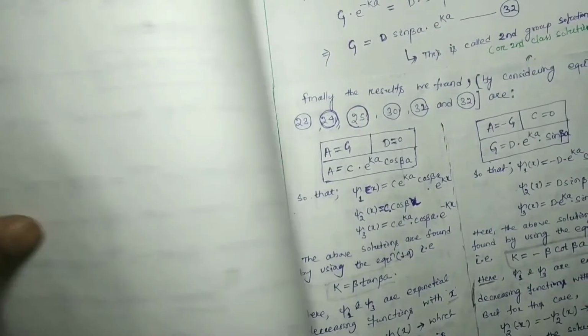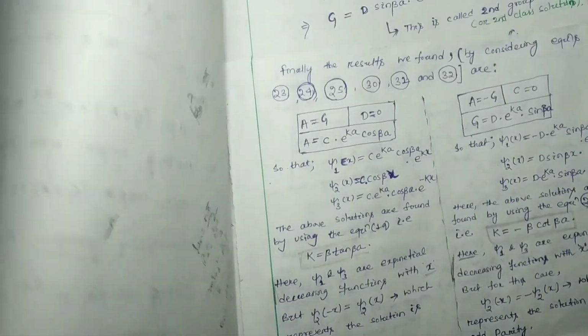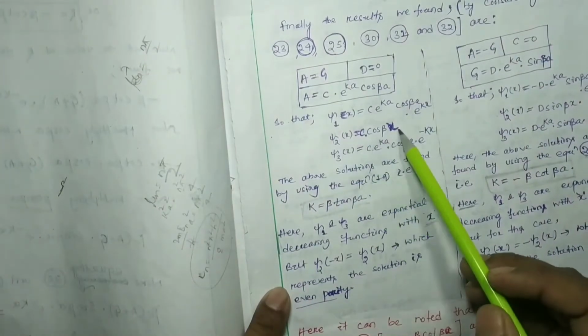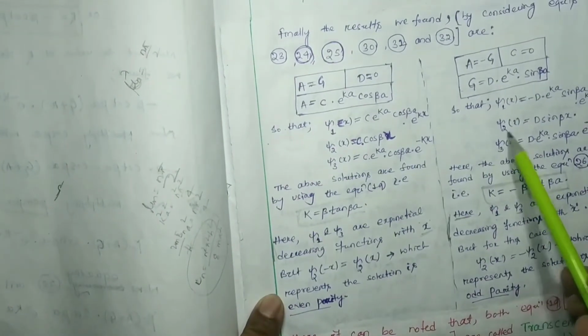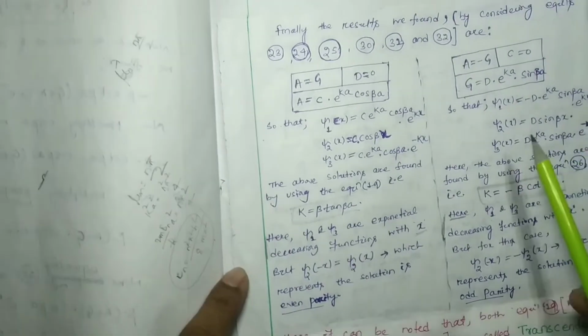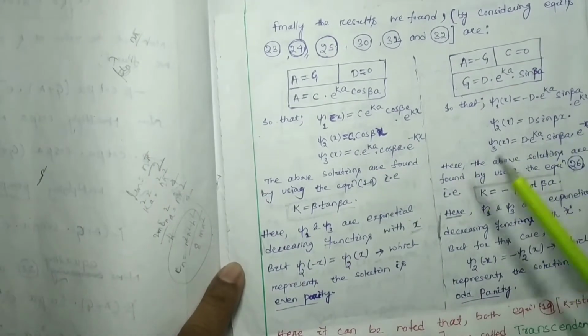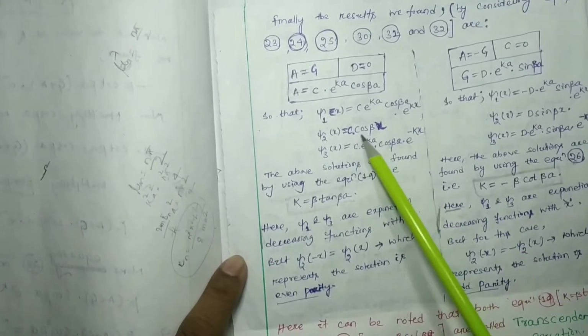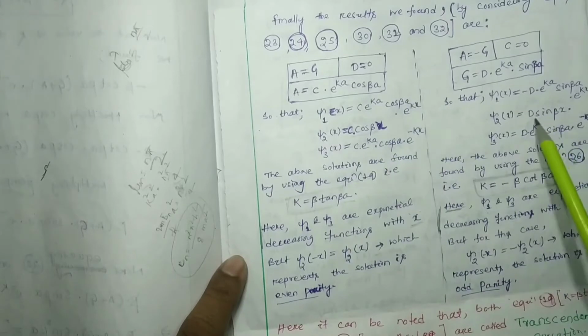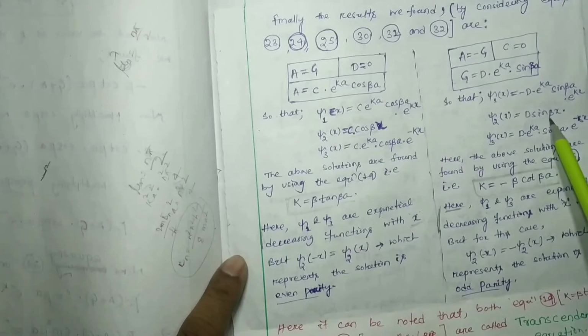Now here we can see that in region 2 both are oscillatory: one is c cos beta x and the other is psi 2 x, which is nothing but d sin beta x, right? So both are oscillatory, but the cos function is an even function and the sin function is an odd function.